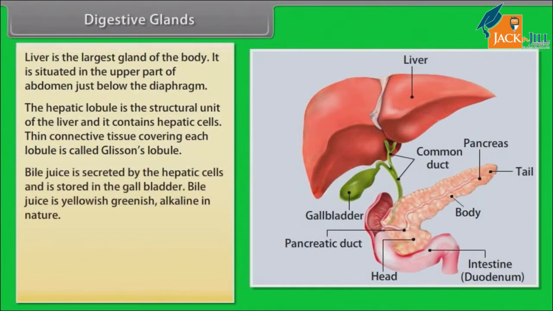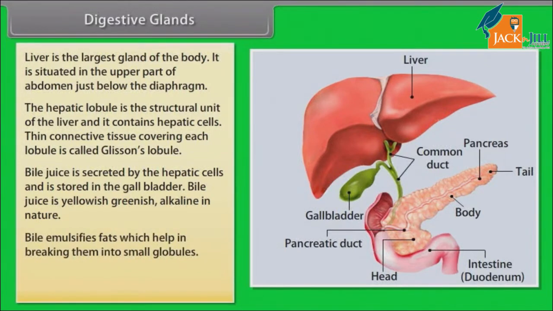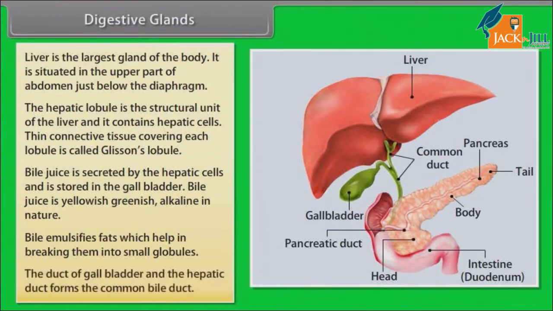Bile juice is secreted by the hepatic cells and is stored in the gallbladder. Bile juice is yellowish-greenish, alkaline in nature. Bile emulsifies fats which help in breaking them into small globules. The duct of gallbladder and the hepatic duct forms the common bile duct.